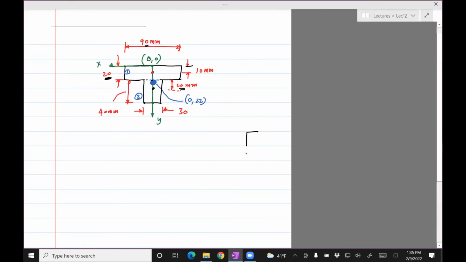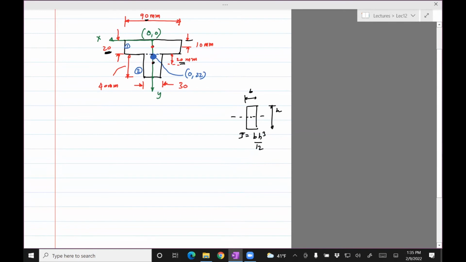One piece of information I need for the inertia: if I want to find the inertia of anything about the y-axis, then it is b h cubed divided by 12. That's the inertia about the centroid.